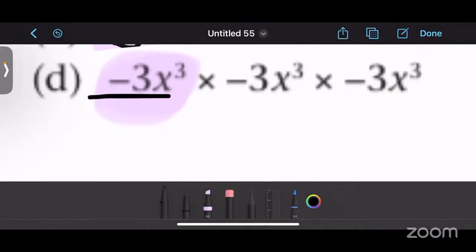Then we multiply it by the negative. We look for the like term, then we multiply it by the -3, and also multiply by -3.